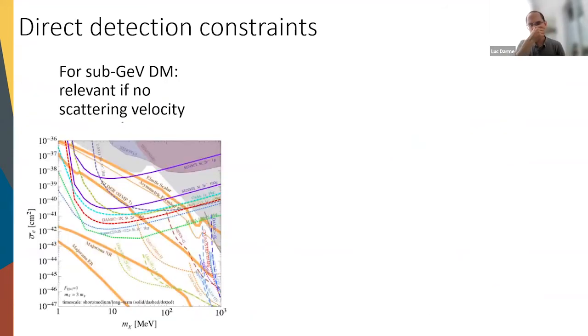The second thing which is interesting is that it has very peculiar direct detection constraints. So if you look at the model of sub-GeV dark matter I showed you before, this inelastic dark matter, then in certain cases you're very sensitive. So this is from slightly older results. I don't think there is EDELWEISS on that, sorry, Corinne. But the idea here is that all of these lines are different models of sub-GeV dark matter.